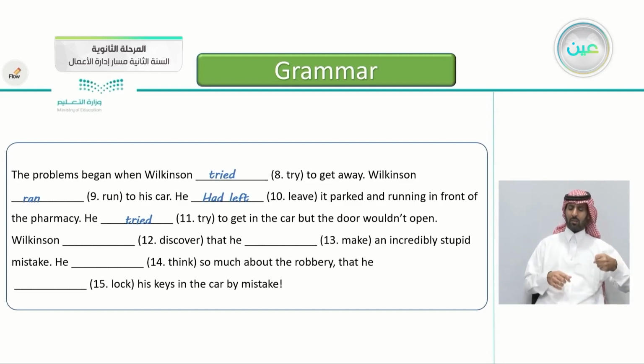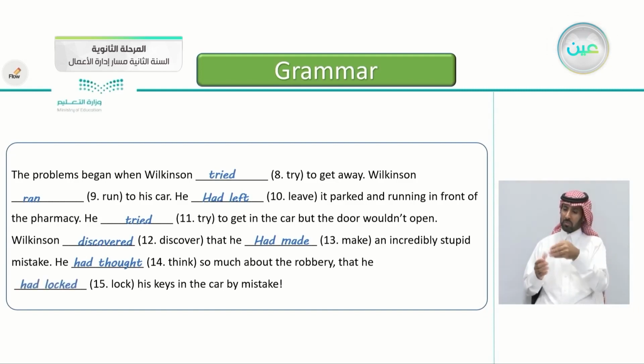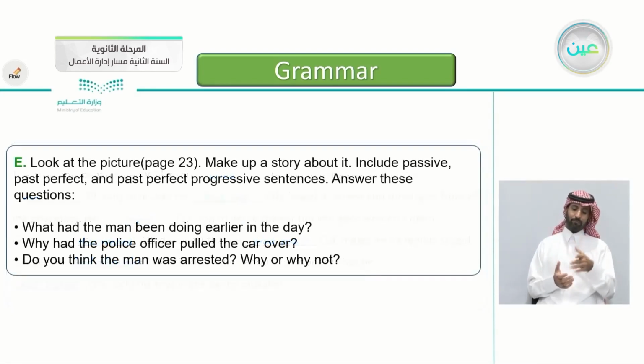Wilkinson discovered that he make an incredibly stupid mistake. Very good. Discovered that he had made an incredibly stupid mistake. He had thought so much about the robbery that he locked his keys in the car by mistake. That he had locked the keys in his car by mistake.